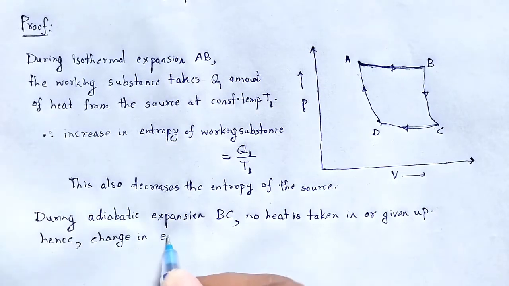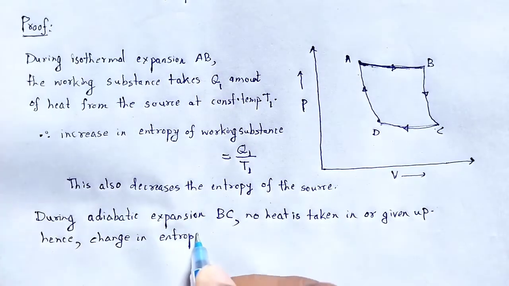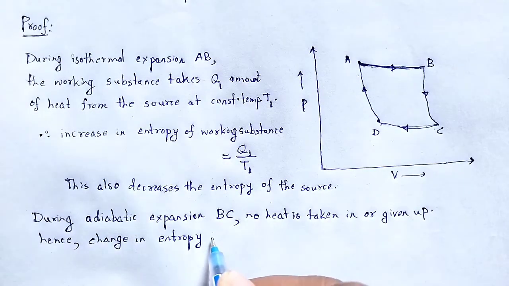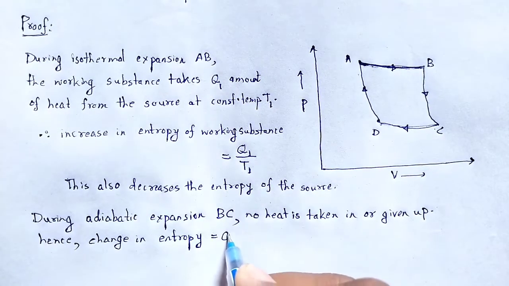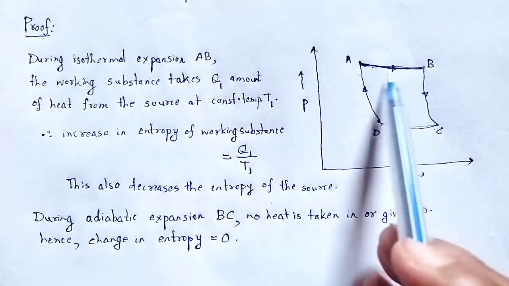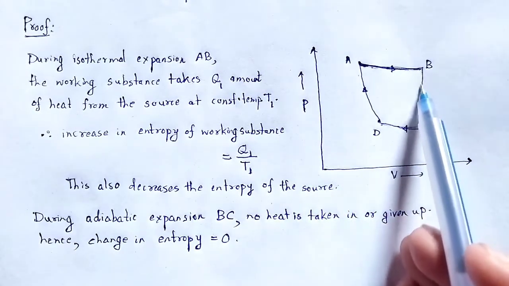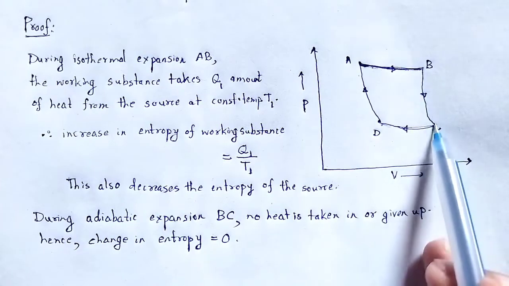Here the change in entropy is Q1 by T1 for AB, and here the change in entropy will be 0 for BC.